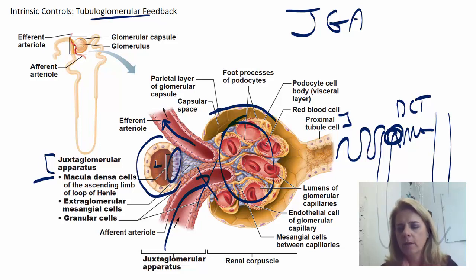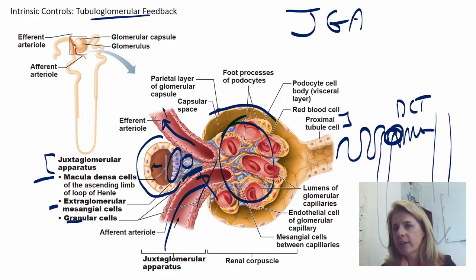They face the lumen of the tubule, and they are also in contact with granular cells and mesangial cells. So you have mesangial cells here, and these granular cells right here. There are really three cell types that make up the juxtaglomerular apparatus, or JGA: macula densa cells, mesangial cells, and granular cells. We're going to talk about what all those do.